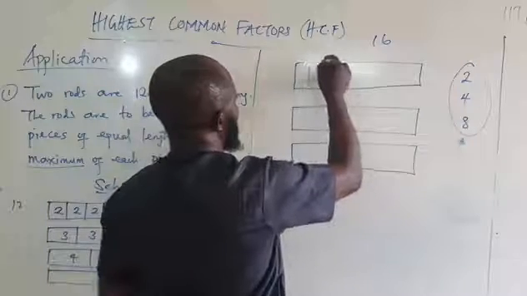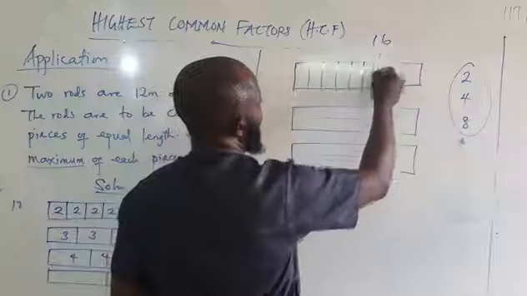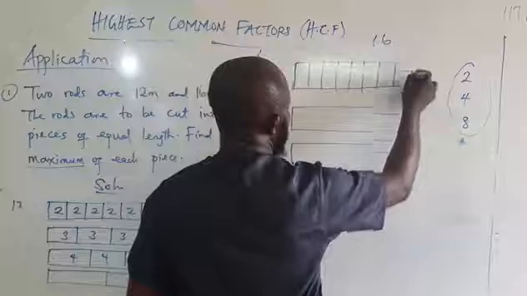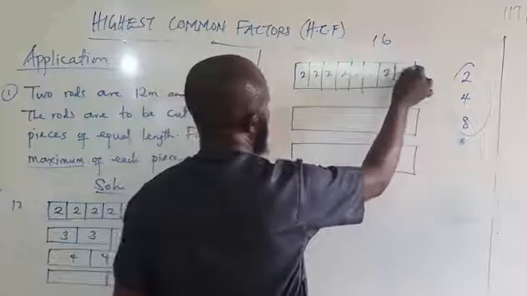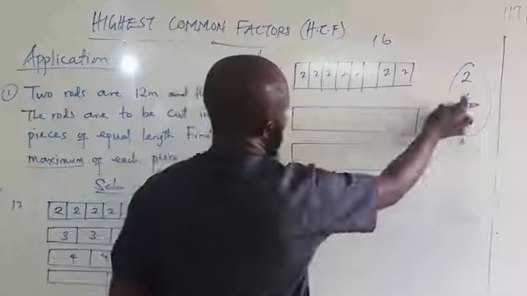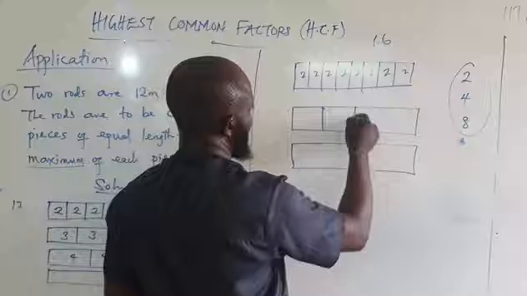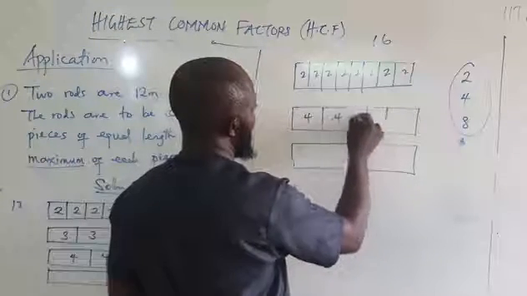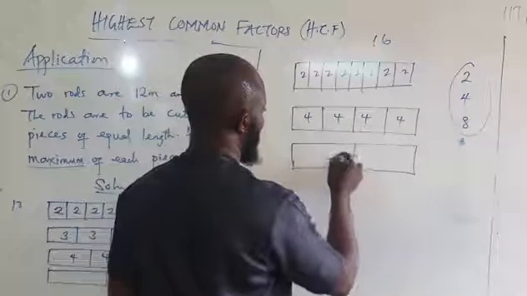So 1, 2, 3, 4, 5, 6, 7, 8. Then this will be divided into 4: 1, 2, 3, 4. That is 4, 4, 4, 4. Then this will be 2 into 2.